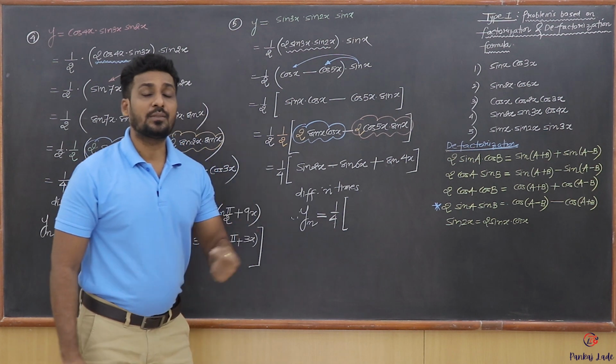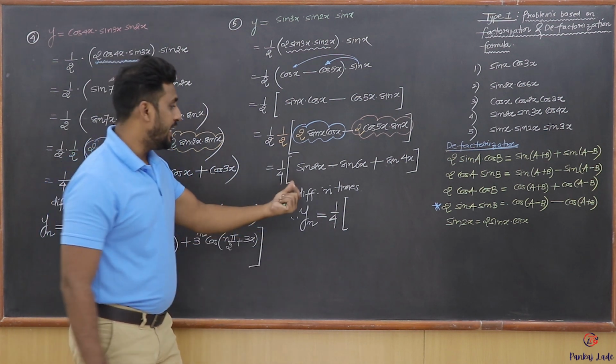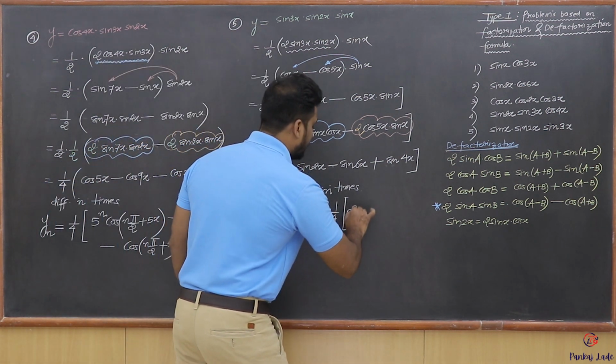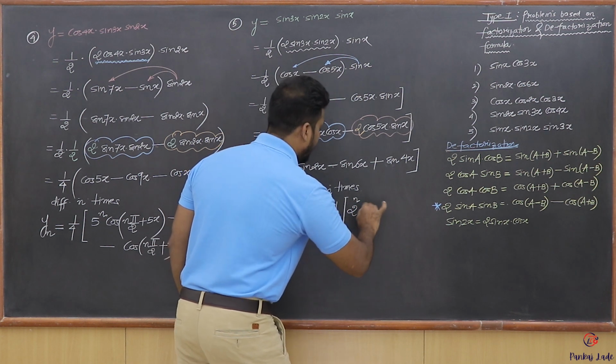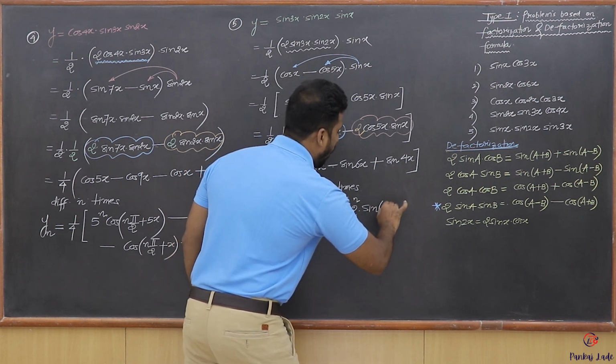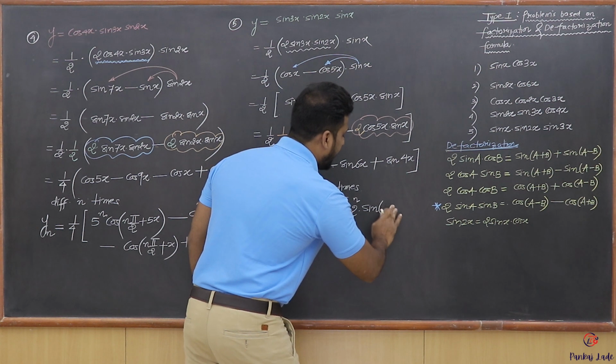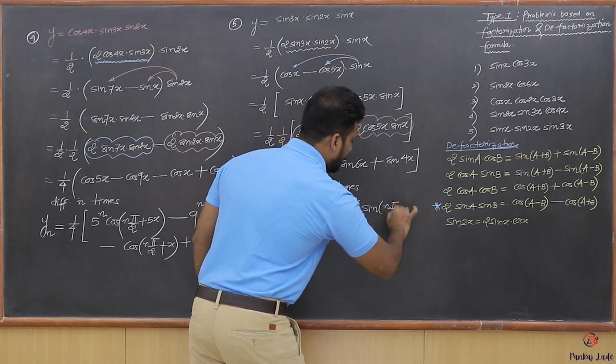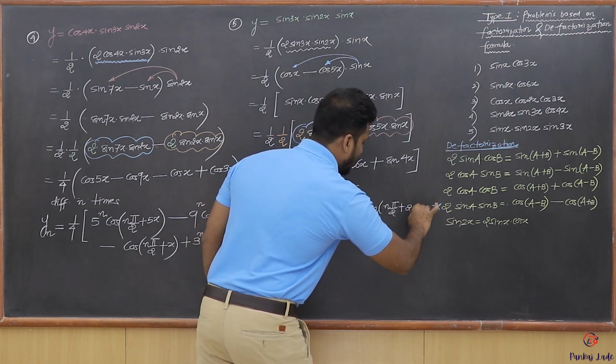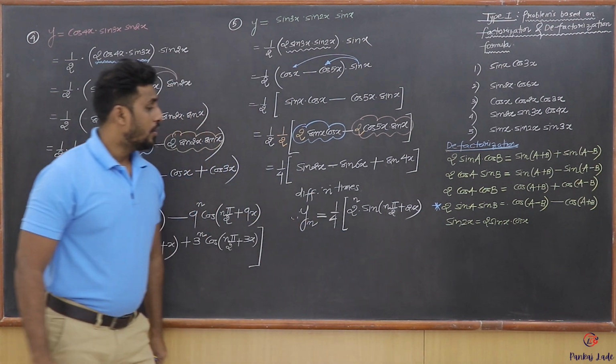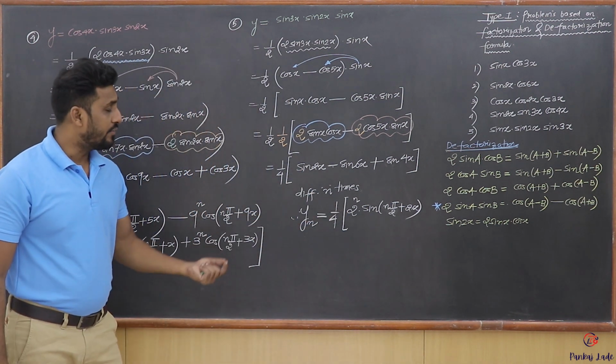It is sine of ax plus b, b is 0, a is 2. So I get 2 raised to n sine of n pi by 2 plus 2x. That's my first nth derivative, the nth derivative of the first term.